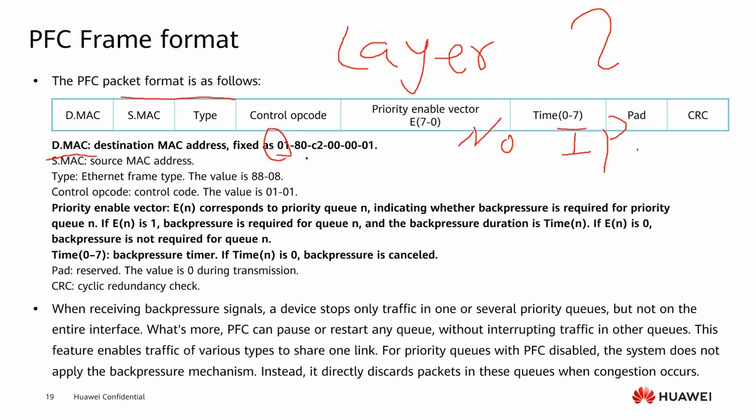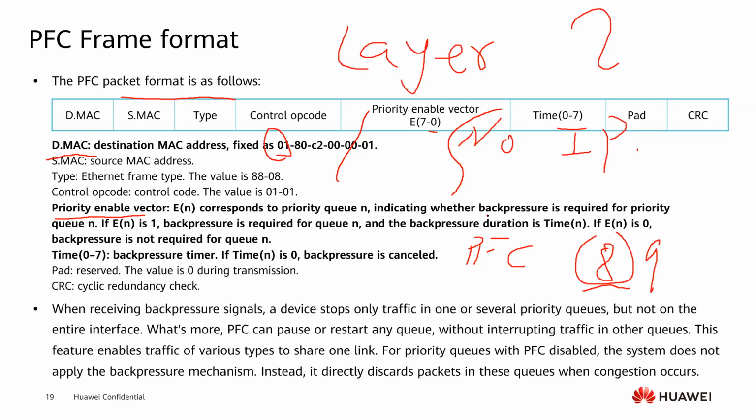That means this MAC address is a multicast MAC address, and the priority vector is carried in this part. Priority enable vector, 0 to 7. That means PFC only supports 8 priorities.